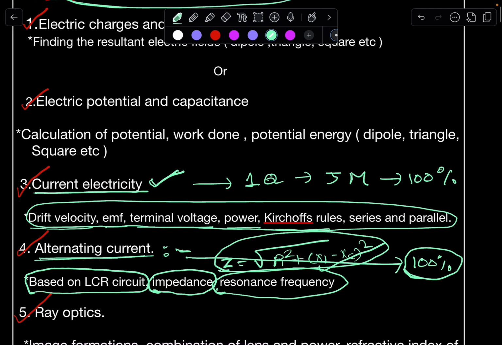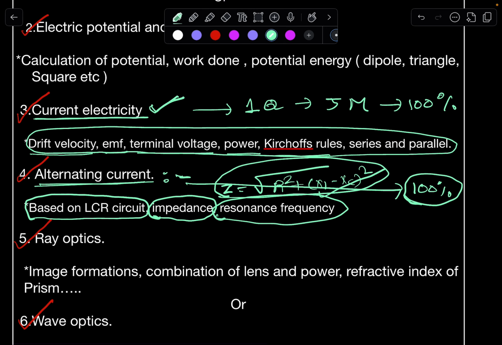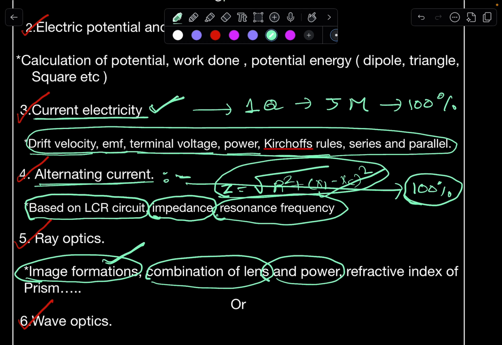Suppose some students are familiar with ray optics. What are the topics for numericals? Formation of images, that means mirror formula or lens formula, combination of lenses and power, and the last one is refractive index of a prism. These are the formulas to solve numerical problems in ray optics.